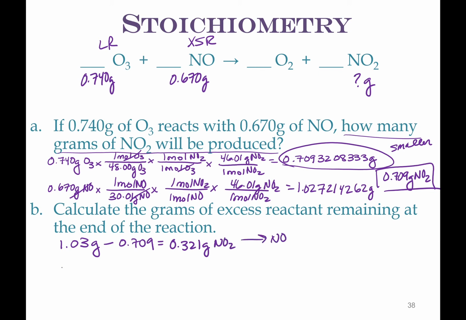So starting with 0.321 grams of NO2, we go backwards on this one and we find out how much NO that is.